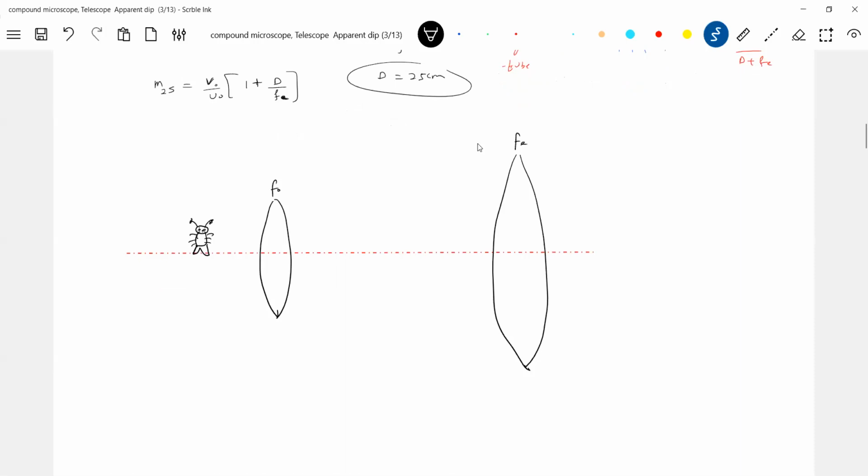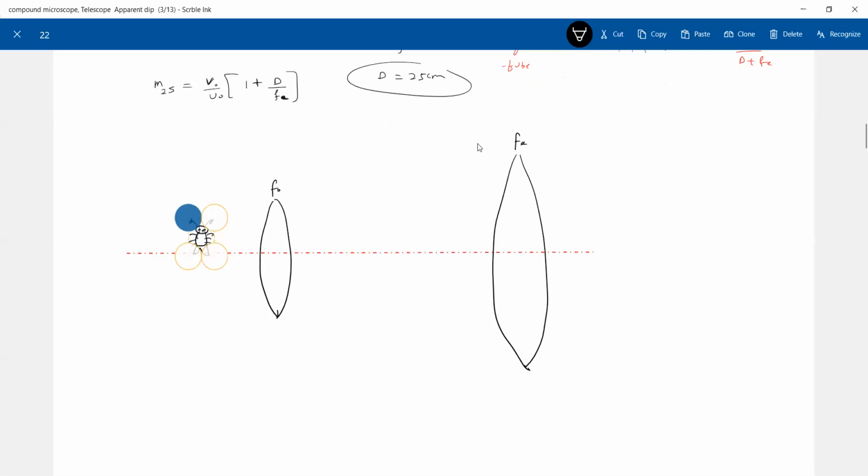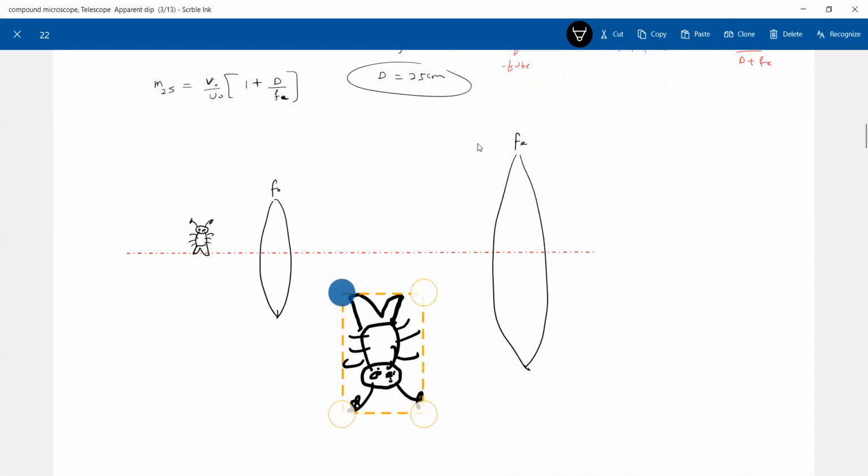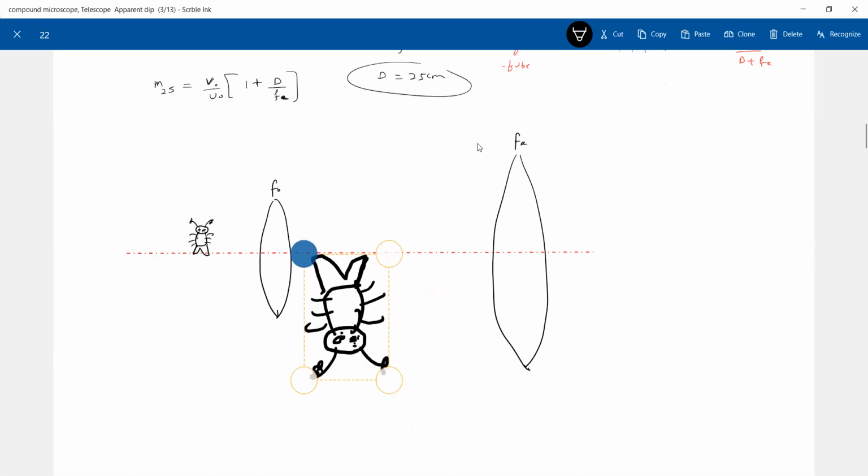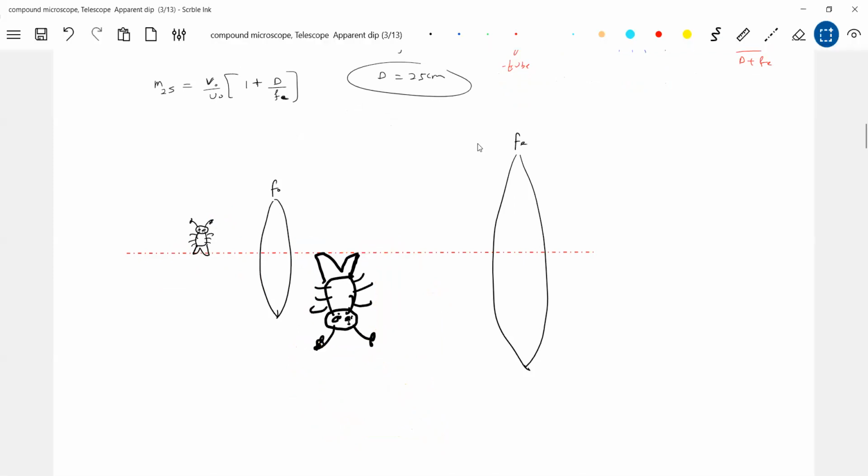It will appear bigger in size. So there's an object, a real insect, and the human eye is here.